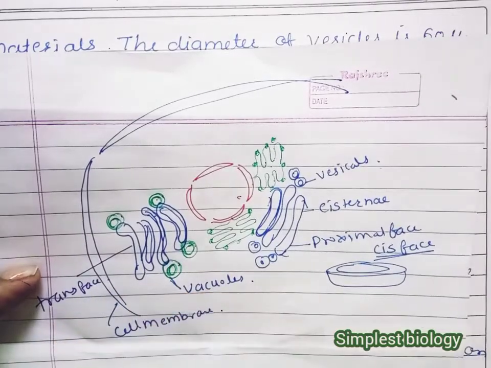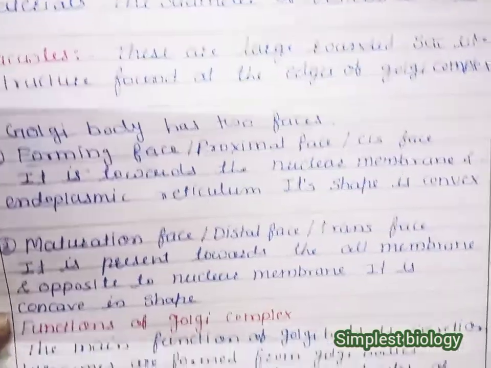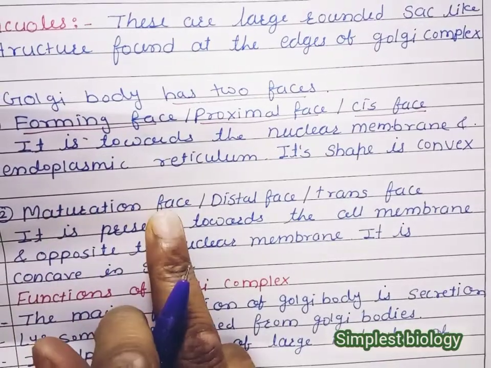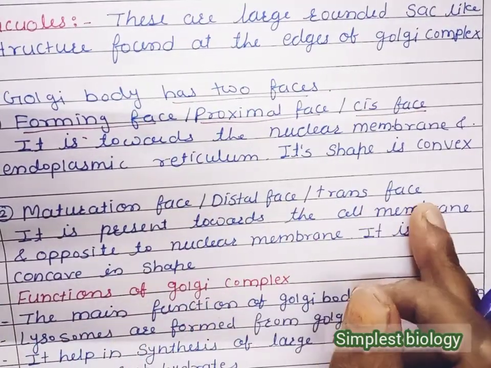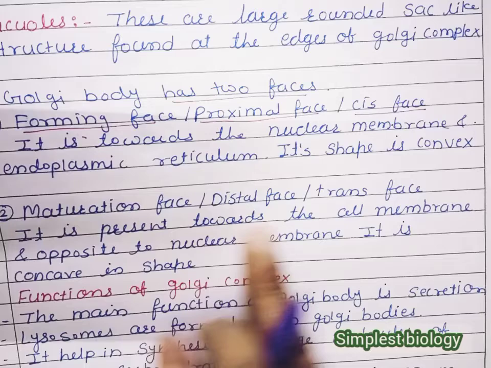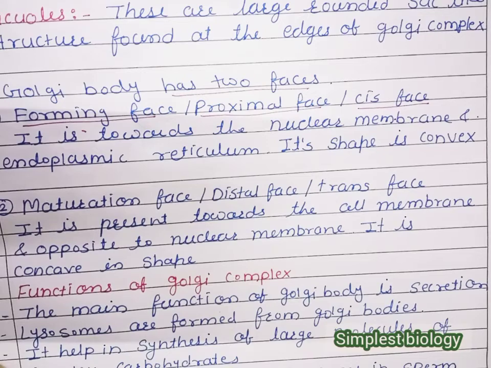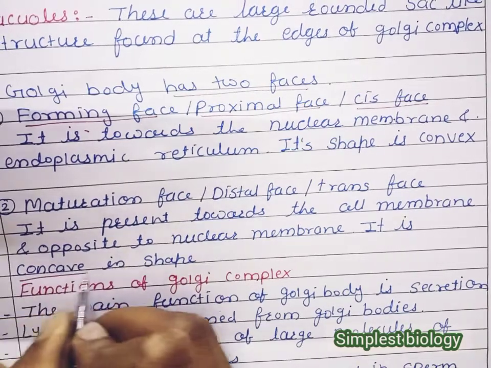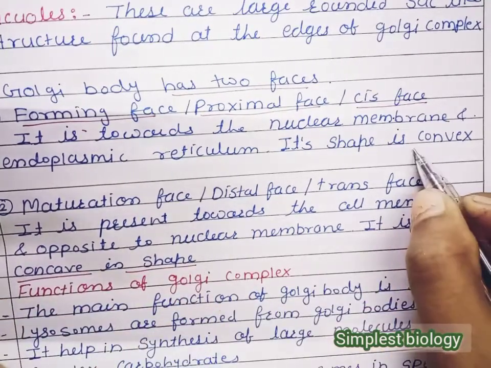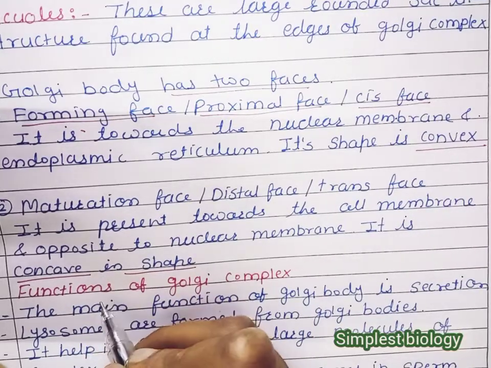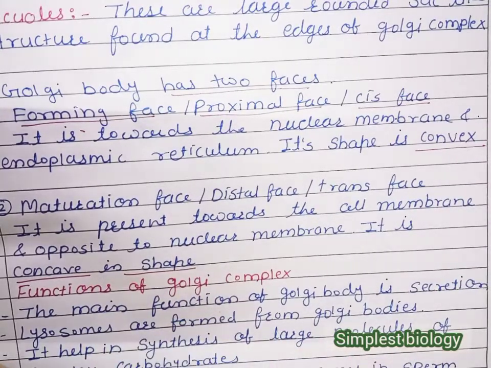It is also called the maturation phase, distal phase or trans phase because it is present towards the cell membrane, opposite to the nuclear membrane, and it is concave in shape. The cis phase is convex while the trans phase is concave.